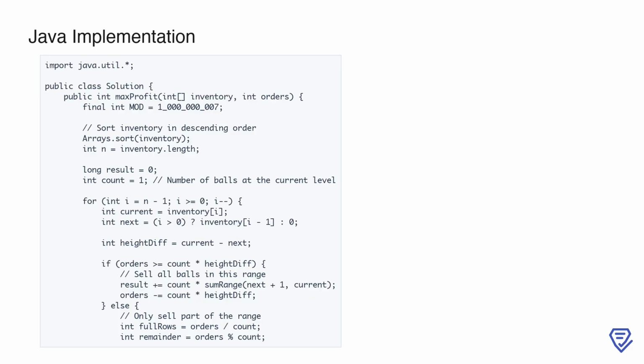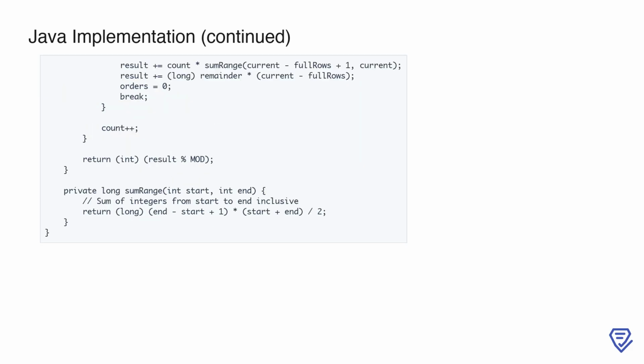However, if we don't have enough orders to clear this range completely, we'll sell only a portion, as we'll see next. If we can only partially sell the balls at the current value level, we calculate the number of complete rows, or full levels, to sell using integer division of orders by count. The remainder represents any leftover orders that can only sell a fraction of the balls.